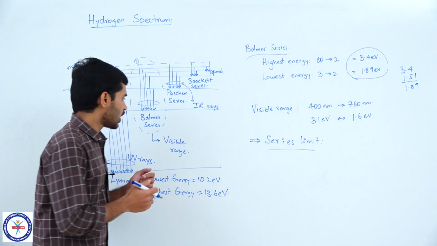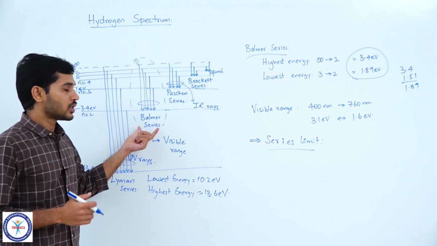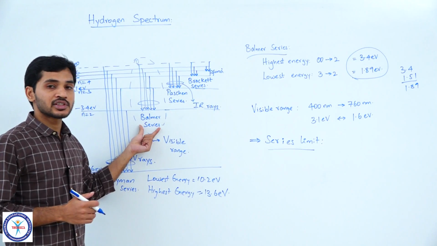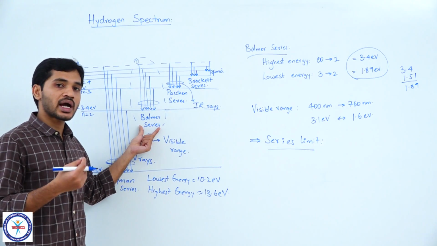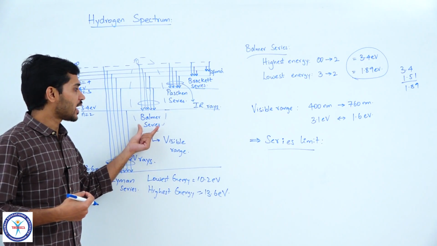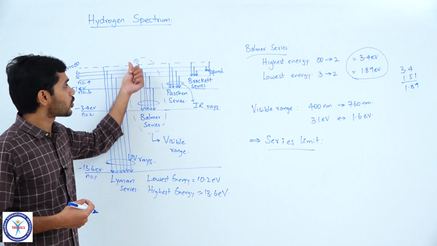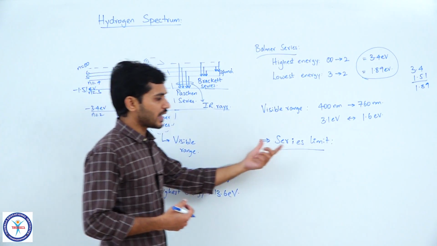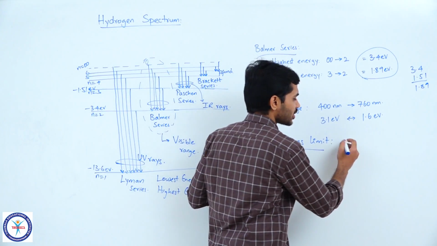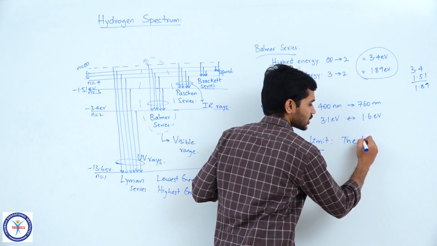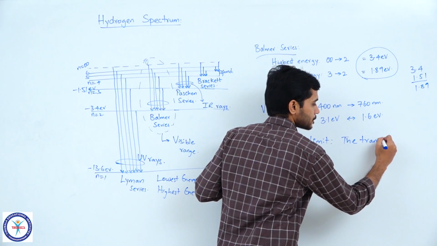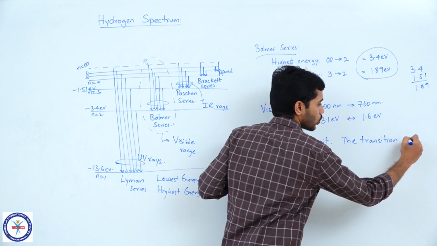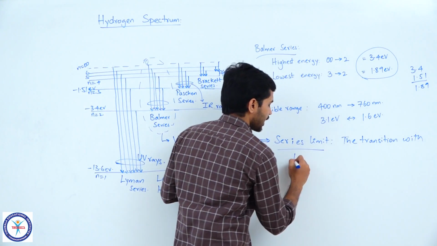For example, in the Balmer series, the series limit would be the highest energy transition, which is n is equal to infinity to n is equal to 2. So for any series, we can say that the series limit corresponds to the transition with the highest energy.